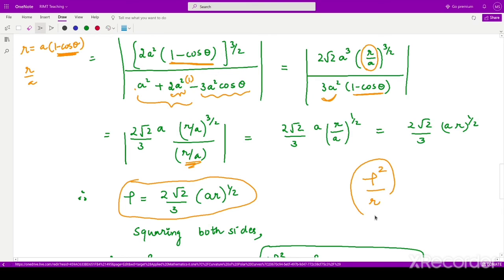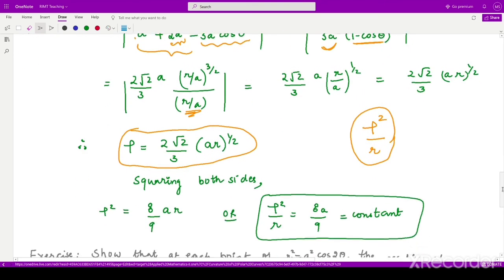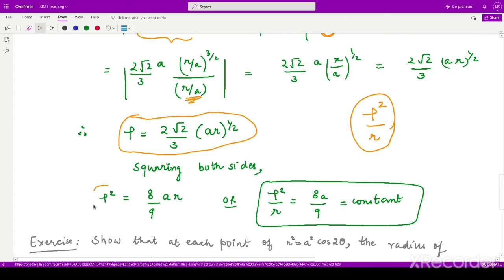So we have to calculate its value. So we can square both sides. So we have something like this, and you can shift this r to the left hand side. So you'll be having this is equal to 8a upon 9, which is a constant quantity. So this is what we were intended to show. So we have proved what was asked in the question using this radius of curvature for polar curves.